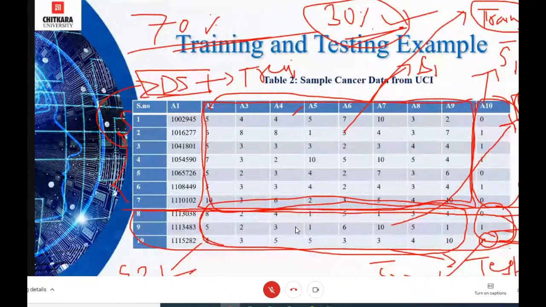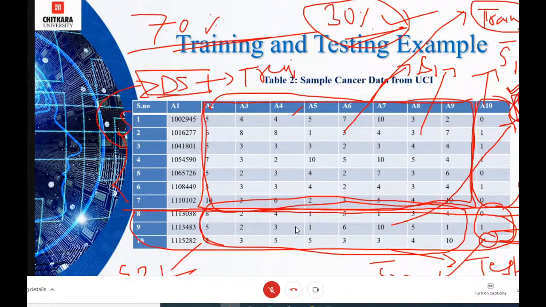It means the accuracy of our model is 100%, because first we train the model based on the training values. 70% of the values we use for training purpose. Based on this, we have prepared a model.